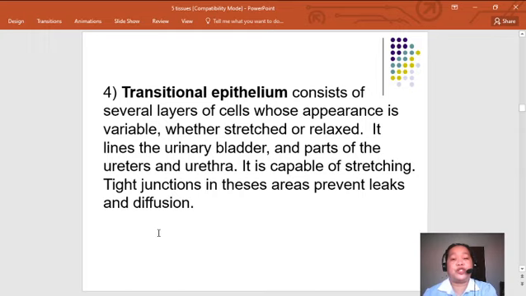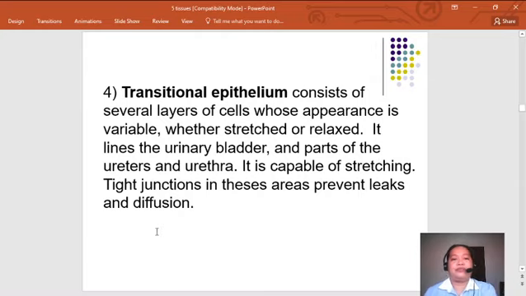Next, we have the transitional epithelium. It consists of several layers of cells whose appearance is variable. So it depends on the situation of the organ. One good example is the urinary bladder. If the urinary bladder is filled with wastewater, the cells become cuboid.